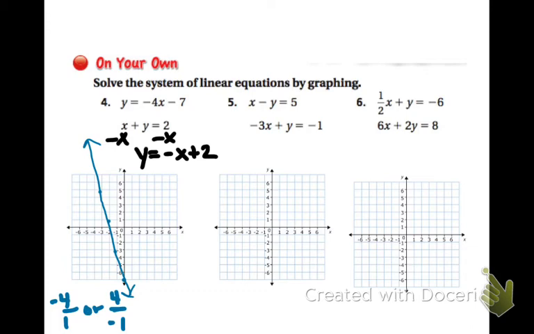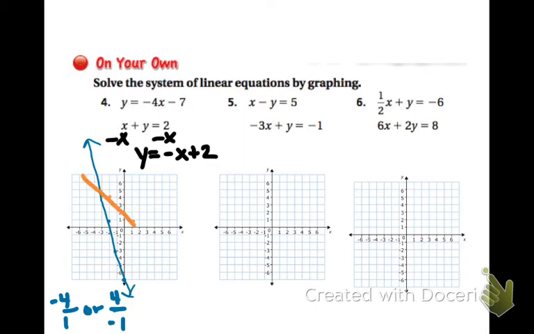My second one I'll do, and now I'm graphing this at a positive 2, okay, and it's a negative, so I can go down 1 and to the right, okay, which is the same as going up 1 and to the left. And then I can see that the point of intersection is right there.